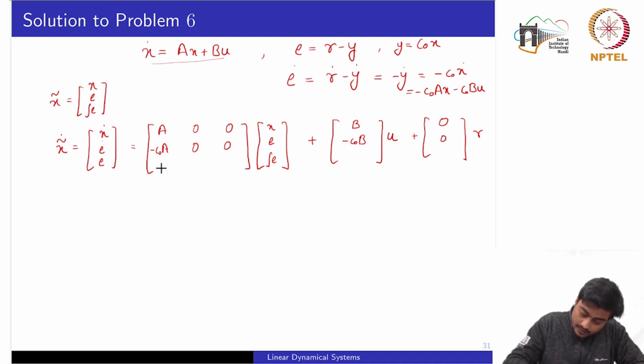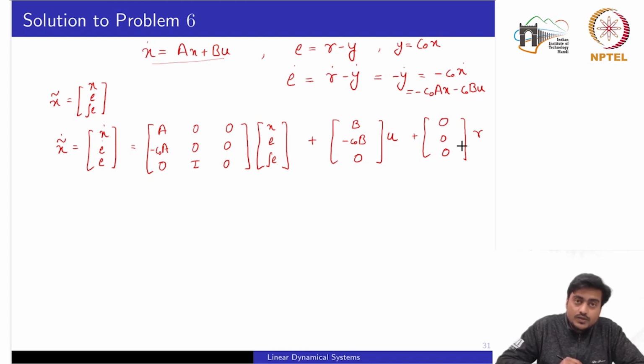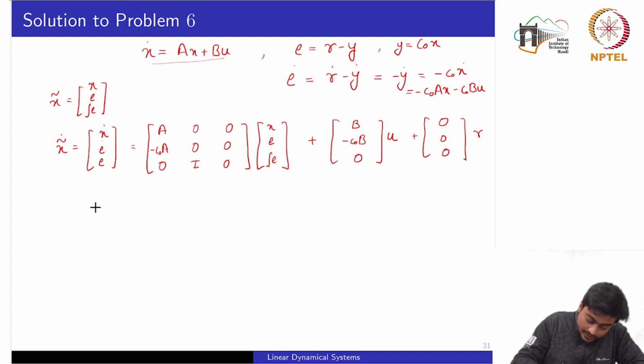Now here, if we see e, we already have e in the state, so I can write it as this one. So we don't have any distribution matrix with respect to r. So I can write this new state space system as x tilde dot is equal to A tilde x tilde plus B tilde u.